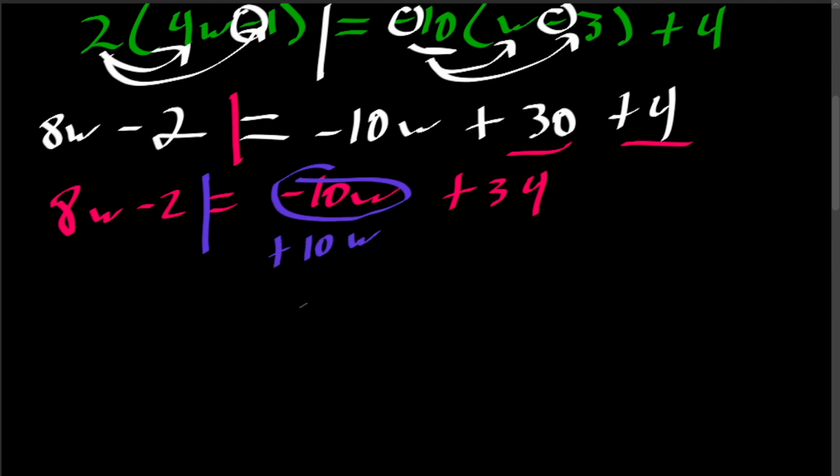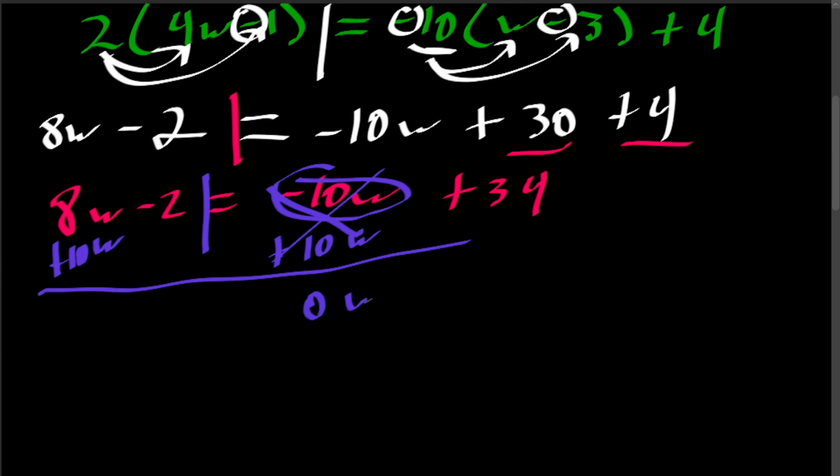I could add 10w, and then I would add 10w to this side. That's going to cancel. Negative 10 plus 10 is 0. 0w is just 0. All right? 8w plus 10w is 18w. Minus 2 comes down, and then 34 also comes down. So we have 18w minus 2 equals 34.